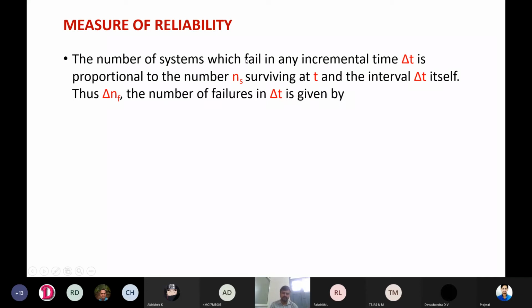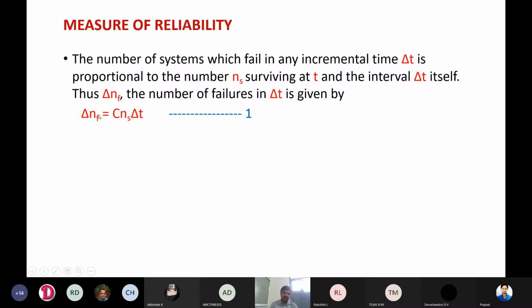The number of systems which fail in any incremental time delta t is proportional to the number of survivors, denoted by NS at time t, and the interval delta t itself. Thus, the number of failures in time interval delta t is given by this equation.